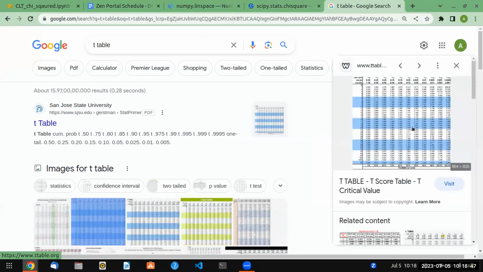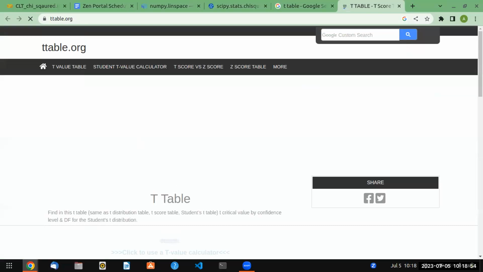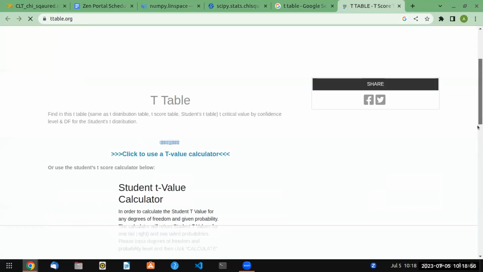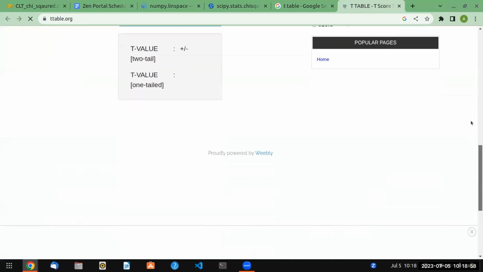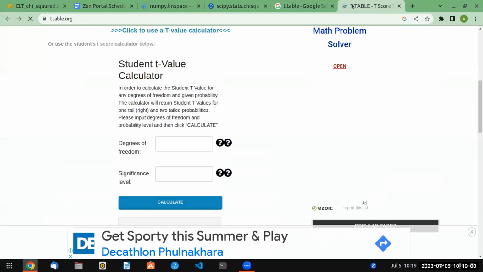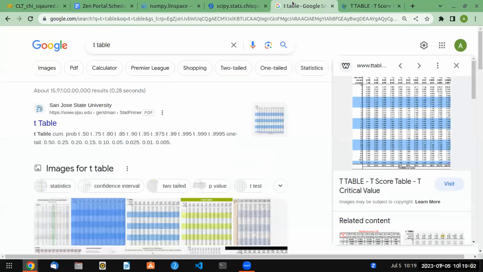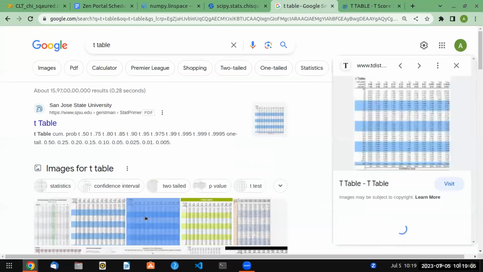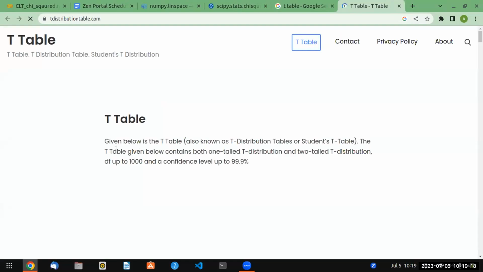Whose site is this? I'm not sure. So many T table organizations and all, right? The T calculator. No, not this one. I want the image. Anyone which is having the image, because I want to show you that. If you remember our college days log table, I can remember taking the extra seats and all.